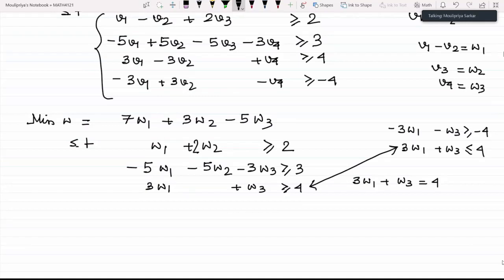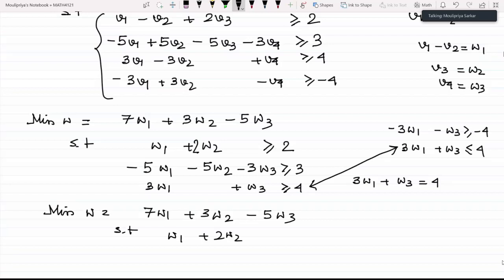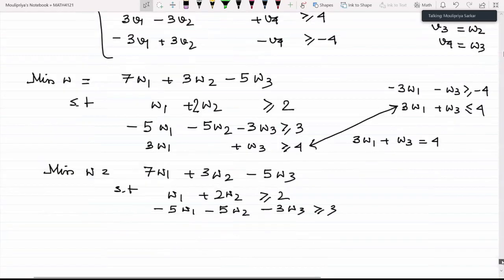Or you want me to rewrite it again? So minimize W equal to 7w1 plus 3w2 minus 5w3 subject to w1 plus 2w2 greater than or equal to 2, minus 5w1 minus 5w2 minus 3w3 greater than or equal to 3, and we have 3w1 plus w3 equal to 4.